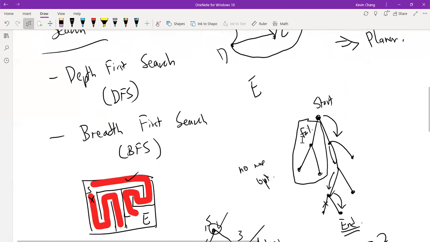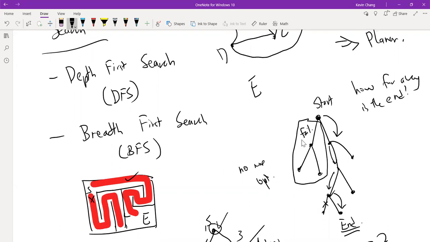So if we say each point can be found or not, we can say that each point can be referred to the next point when we're doing DFS. Let's say we want to know how many edges away the end is.